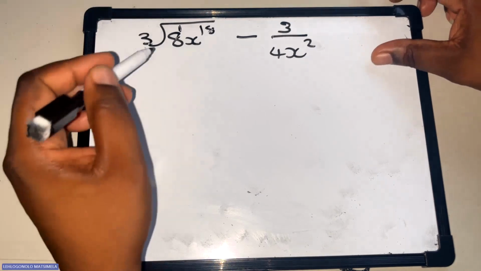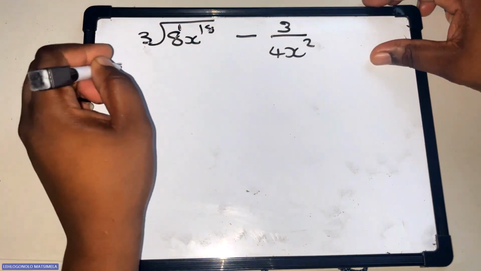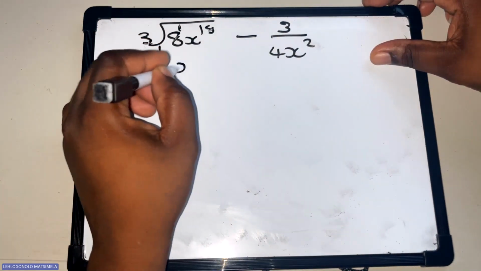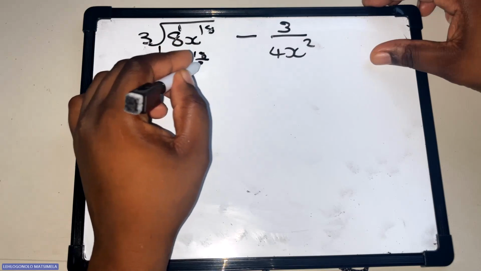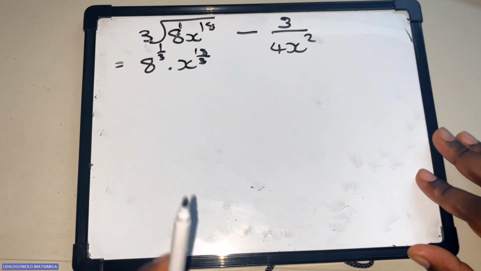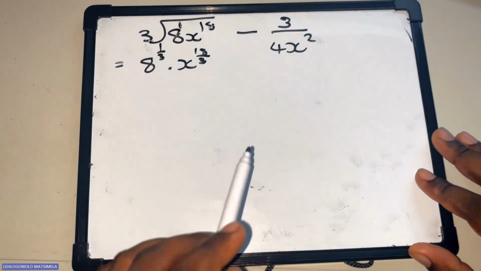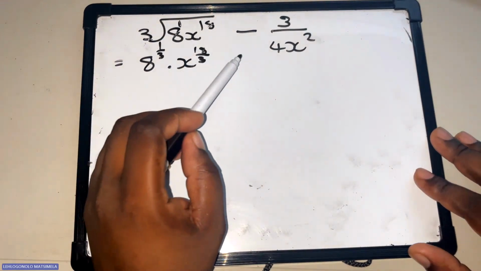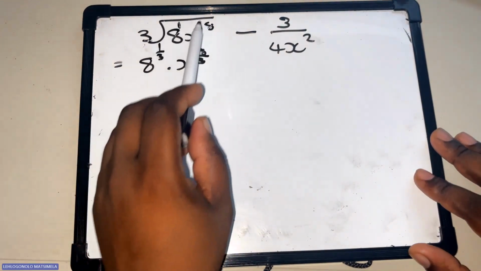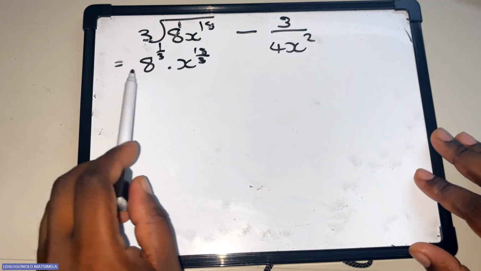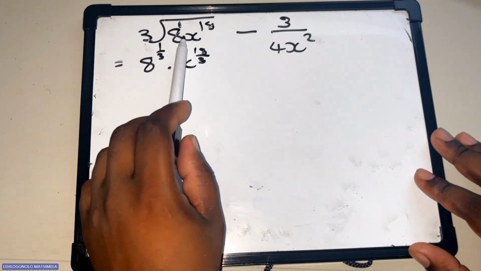Going further, what do we have? We simply have 8 to the power 1 over 3 multiplied by x to the power 18 over 3. So I remove the cube root. You see, these questions are designed this way because they know some of you will let the cube root only go to x and forget about the 8, which is still underneath.